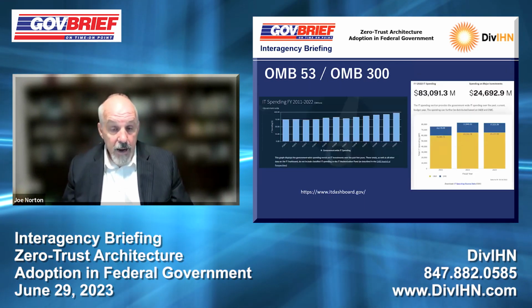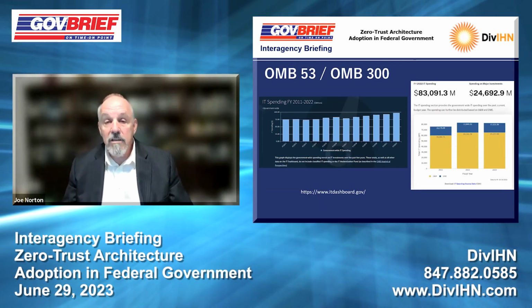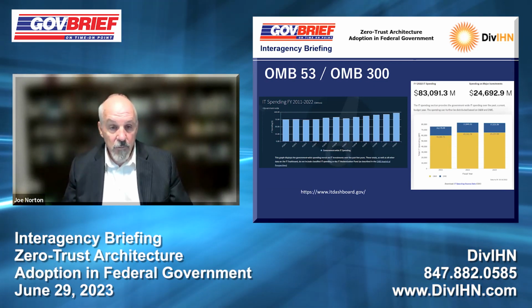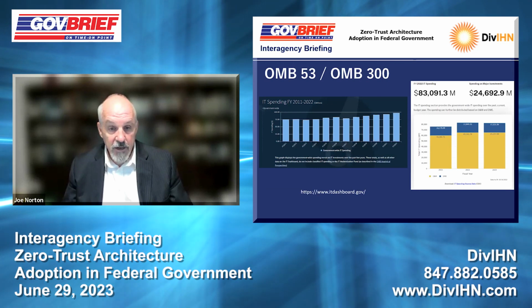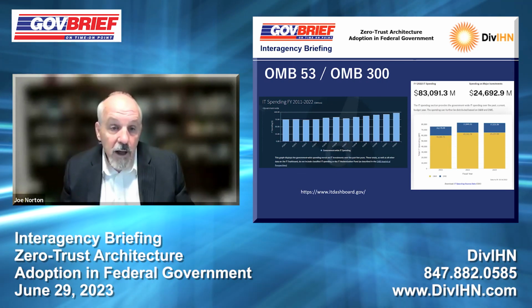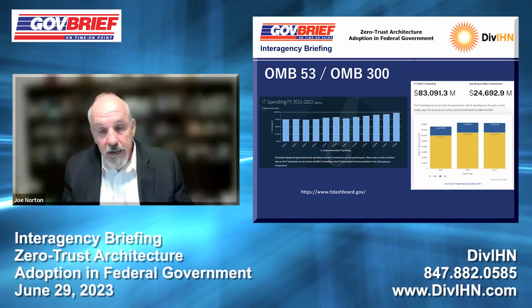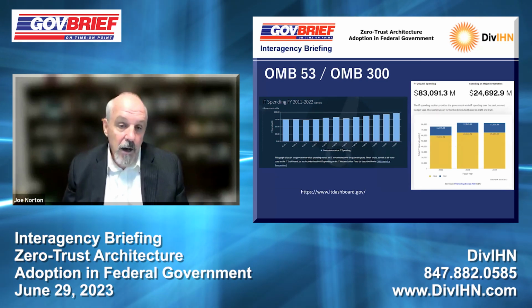Next slide. And if you're wondering where the money is, there's tons of money. I am always stunned at how much money we spend in our federal government on information technology. You can find this stuff at the itdashboard.gov. I was just out there again updating this data.